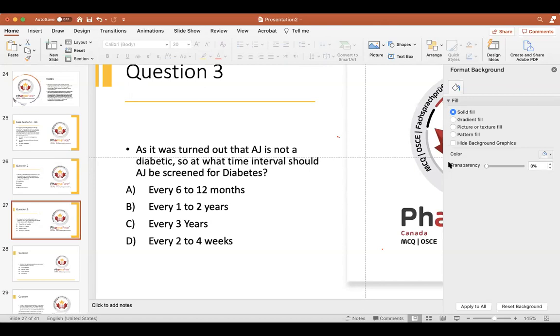Every 3 months? No, there is no 3 months at all. From 6 to 12 months, correct. From 6 to 12 months if there is a risk factor.